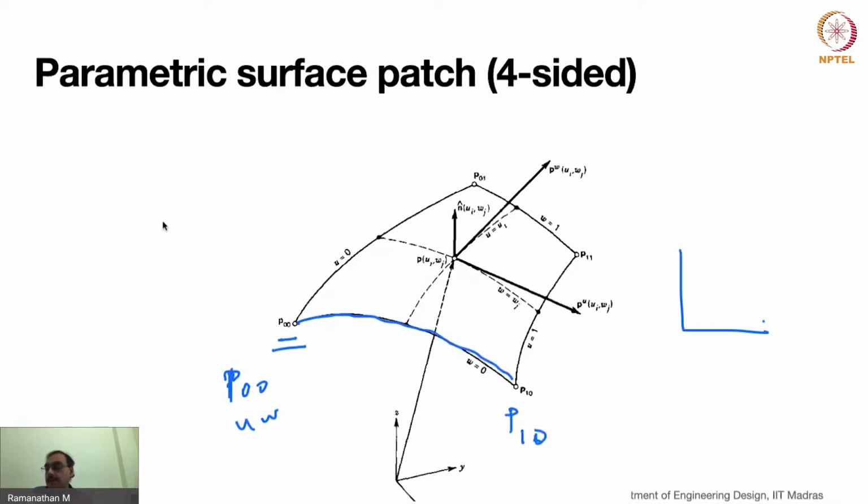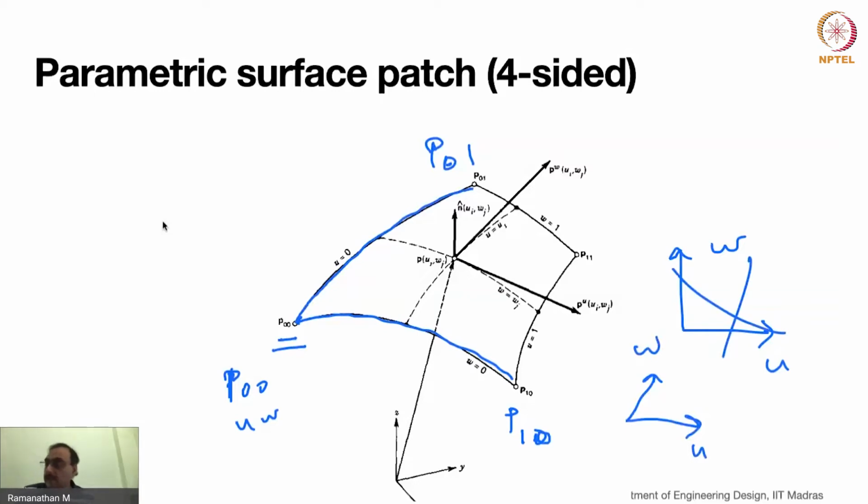Remember, this is the u and w direction. So this is P of 1, 0 at the end of the curve. Similarly, along the other travel direction, u equals 0 here, we use the notation P 0, and w becomes 1. Remember, this is the w direction.